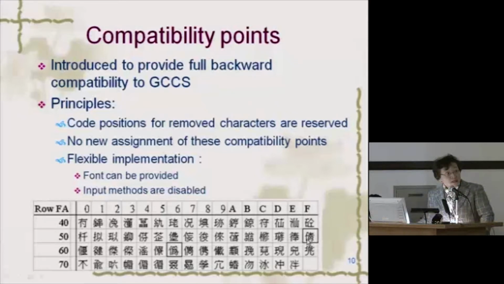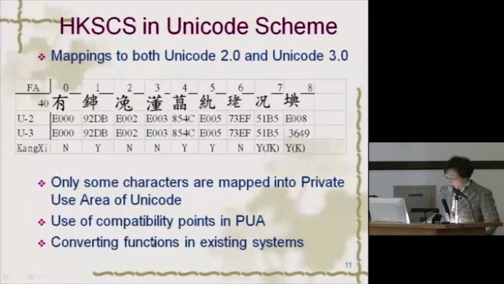But in the original one, this was one vertical one and one horizontal one. And that under ISO 10646 is unifiable, and that's why they are not being coded. So that is the removal of another character. As an example, I showed the code table in here.